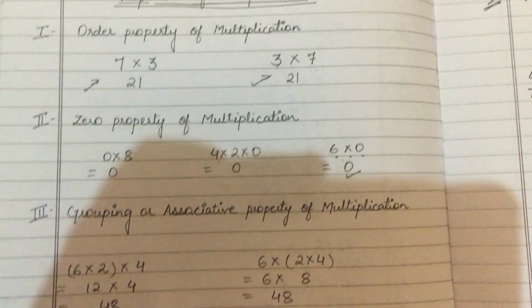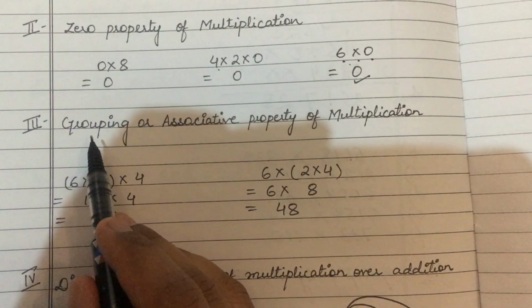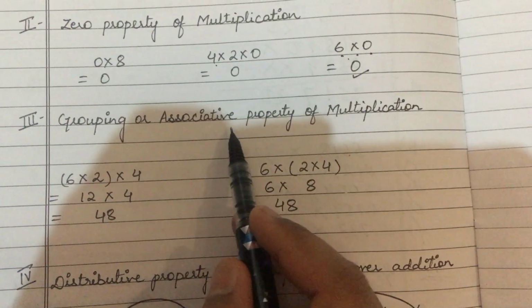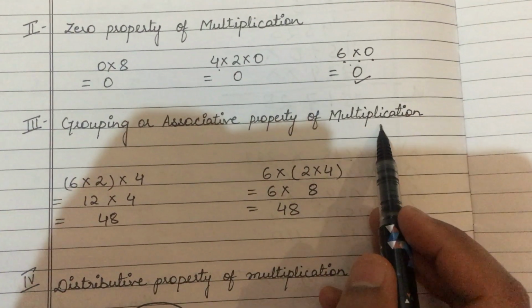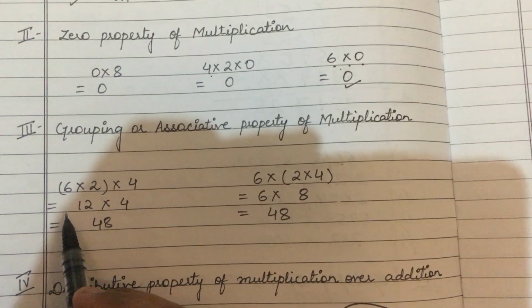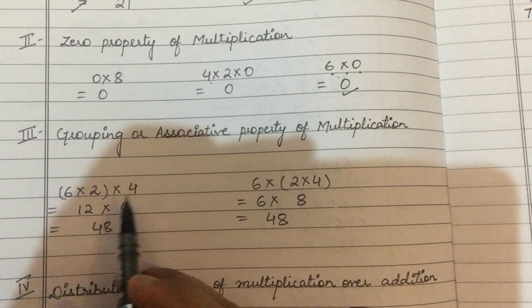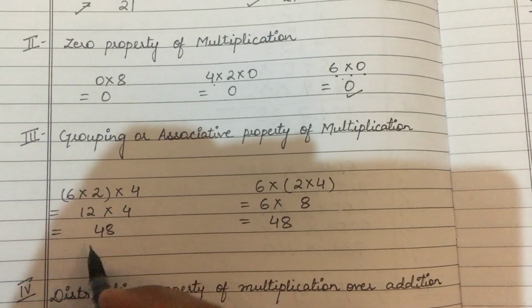Okay, children, let's start with the third property. Our third property is the grouping or associative property of multiplication. If the grouping of the factors is changed, the product still does not change. Let's see how.